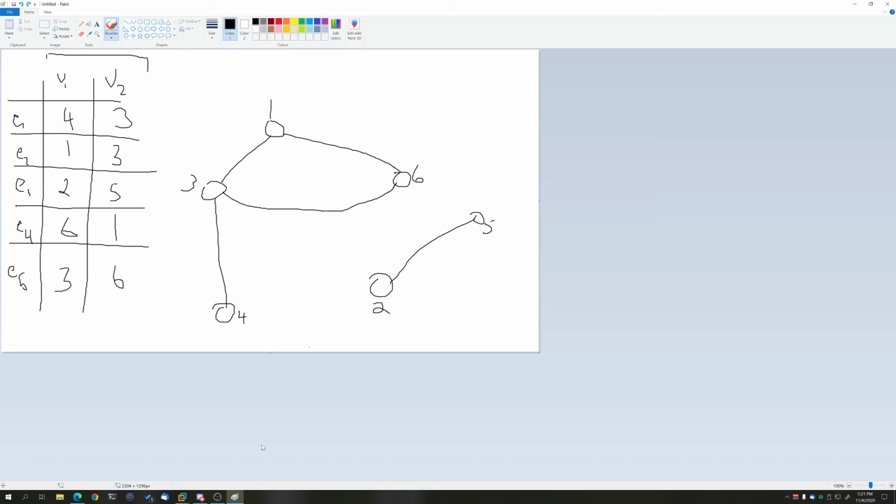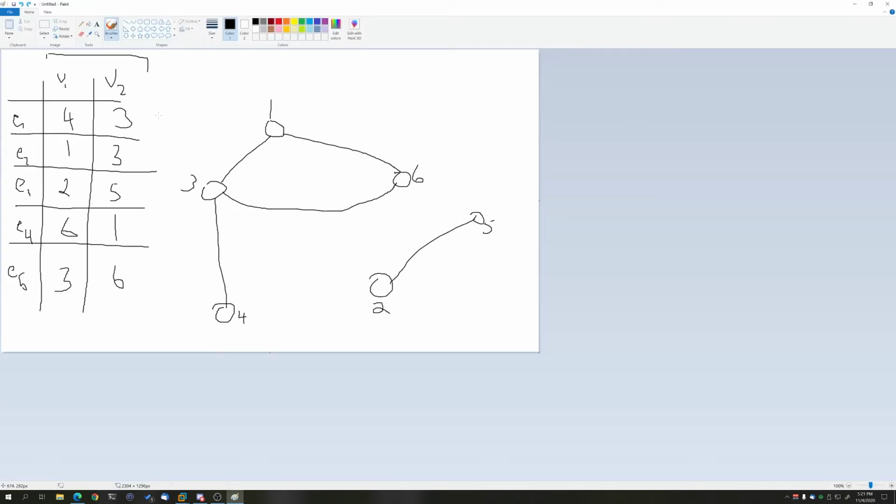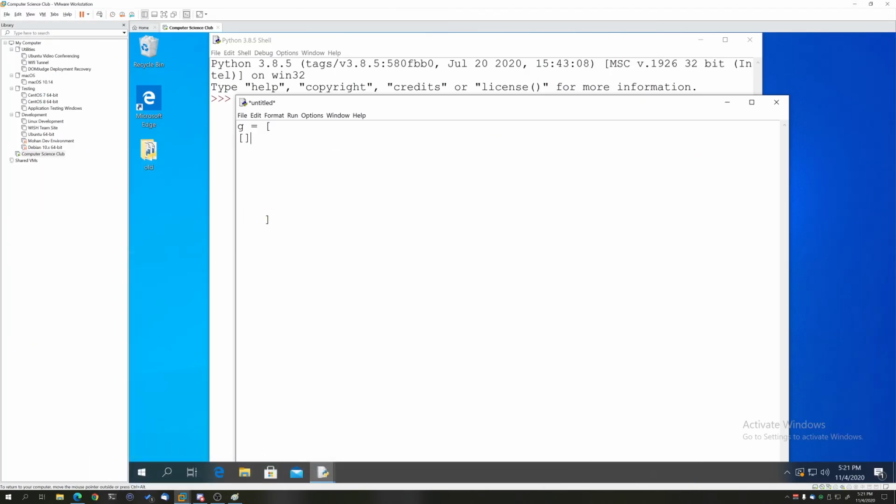So in Python, what this would look like is you'd have a list here. Let's just call the graph G. Remember 2D lists, right? So this is going to be the number of rows, and then for each row, this is going to be edge 1, and edge 1 we said is 4, 3.